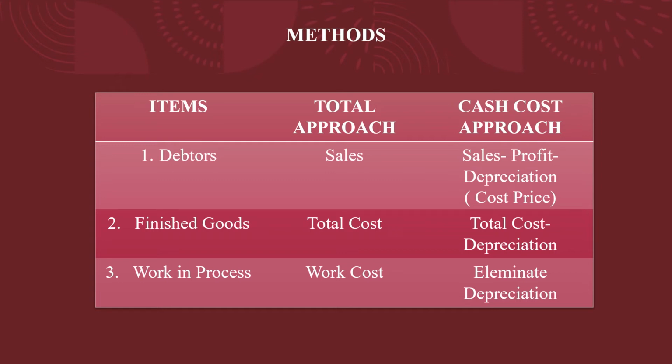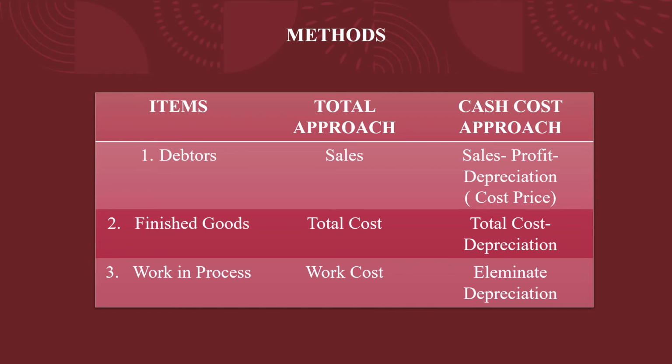As the name itself suggests, it is the cash cost approach, so we have to calculate it on the cost price. And also there is the word cash, so we have to eliminate the depreciation part, as depreciation is a non-cash expense.